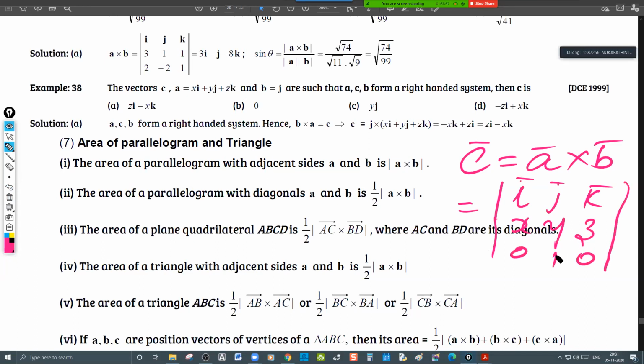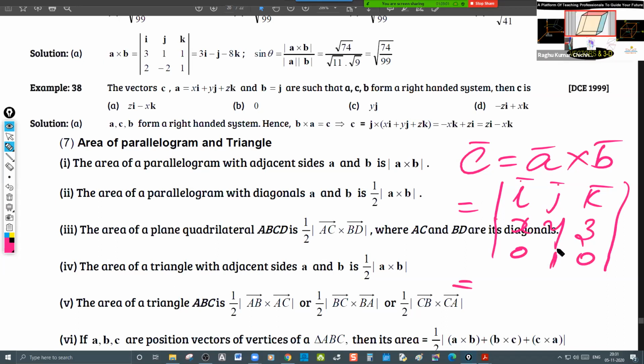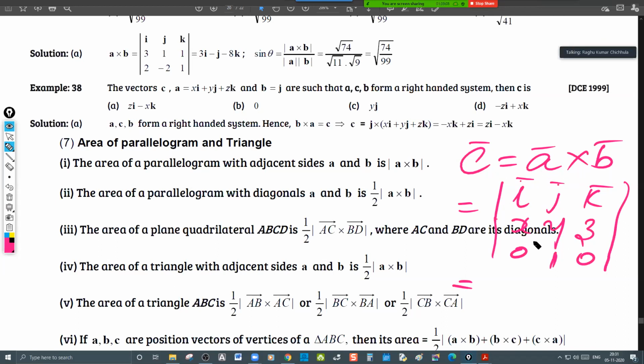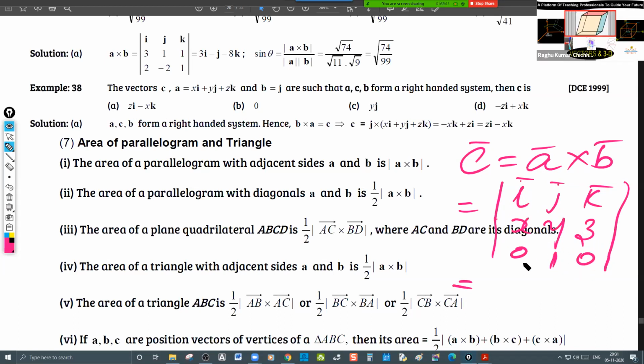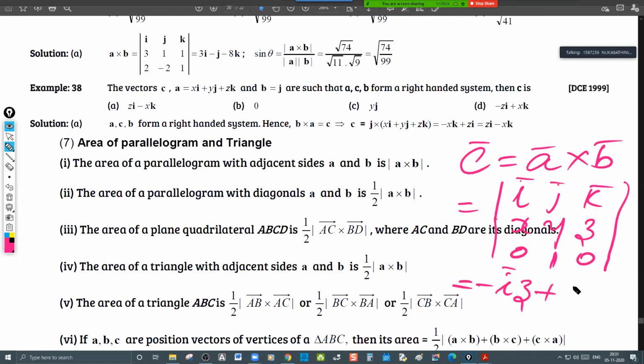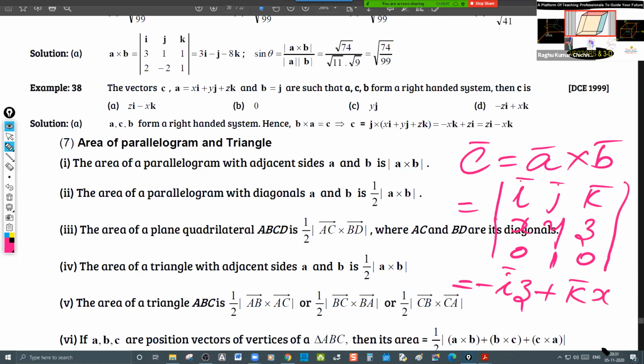I into minus z, so minus iz. And j 0, k into x, minus x. That's it, this is the answer. Read out the first option.